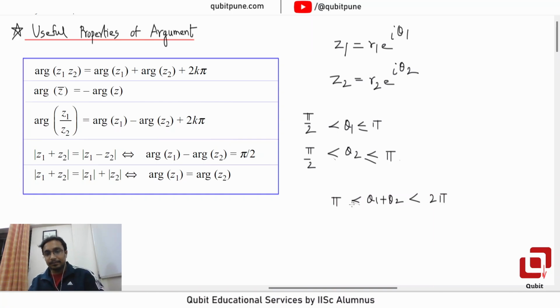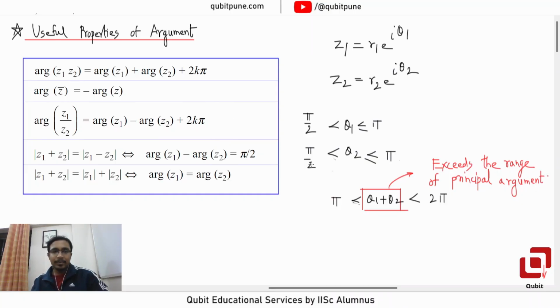Now see, the moment it exceeds this, let's exclude pi just for the sake of it, it exceeds the range of the principal argument. Therefore what we do is add 2k pi.